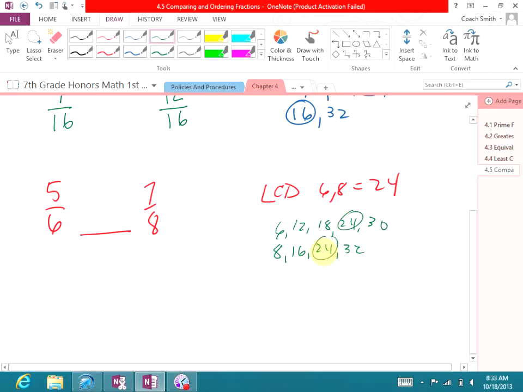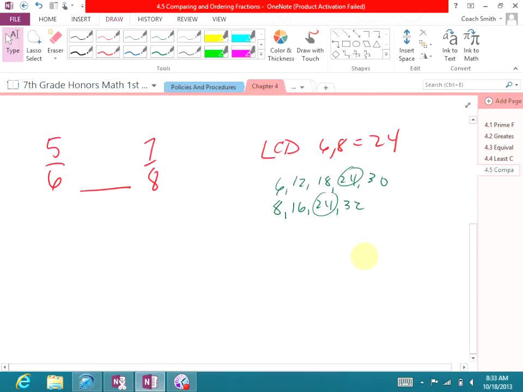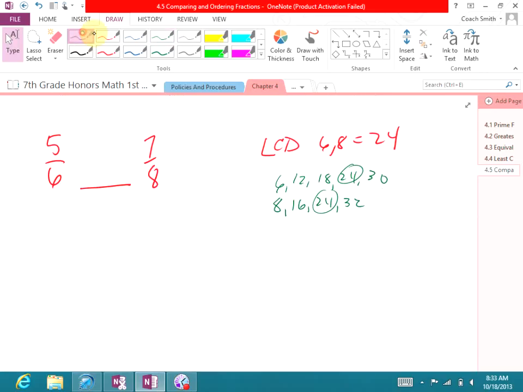With some of the larger denominators, you're going to have to be able to do the LCM that we did last night. So, we'll get to that in a second when we get to some different denominators. It's a little harder. So our denominator is 24 for both fractions.